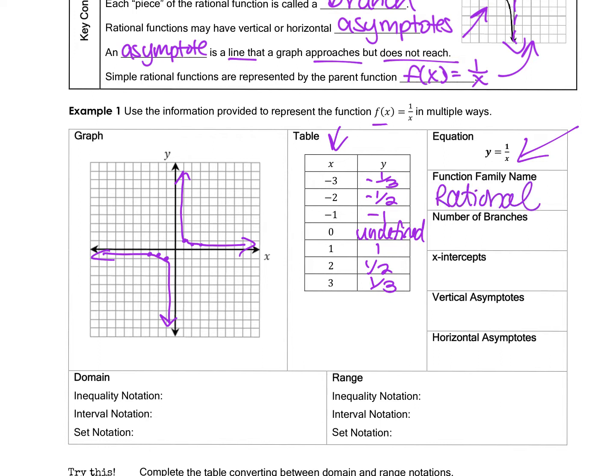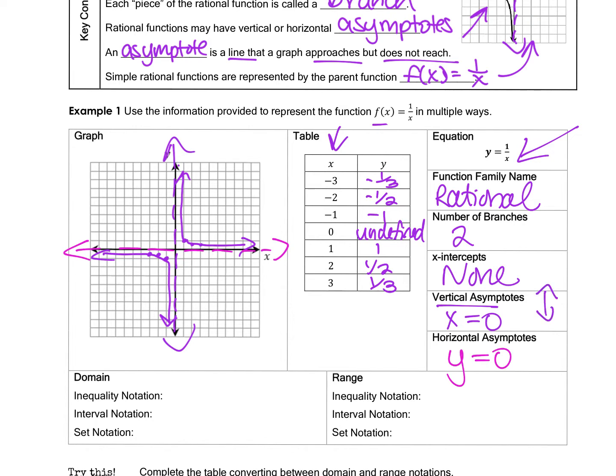The number of branches is 2 pieces. There are no x-intercepts. For the vertical asymptote, notice that this graph is approaching x equals 0. The horizontal asymptote, notice it is approaching y equals 0. Vertical is always x equals a number, and horizontal is always y equals a number. So there are 2 asymptotes on this rational parent function.